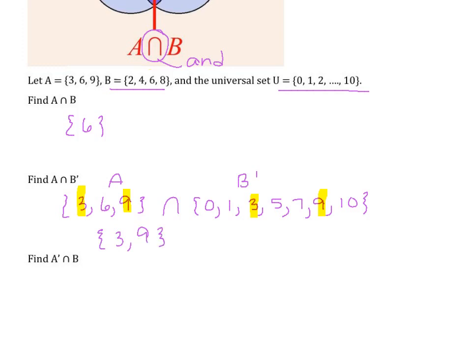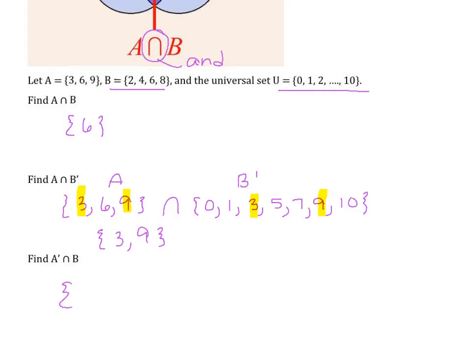Let's find the intersection of A complement and B. So let's try A complement intersect B. We want to find those items that aren't in A and that they share in common with B. So let's first determine what items are not in A, but are in the universal set.